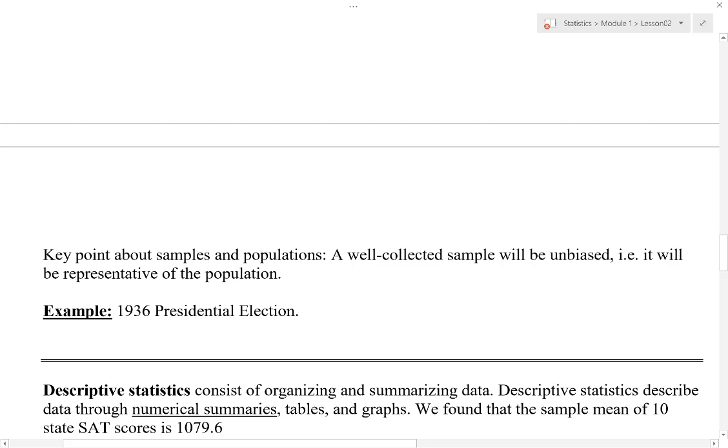So they mailed out the cards to their subscriber list, obviously. And who else? Well, they looked at phone directories, automobile registrations, things that would be pretty common today. It's not a big deal in 2018. But in 1936, what's happening in 1936? The Great Depression.